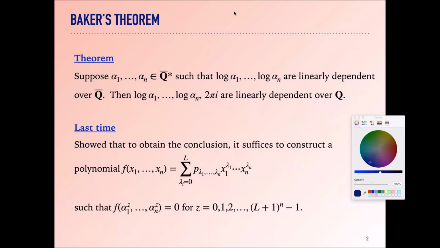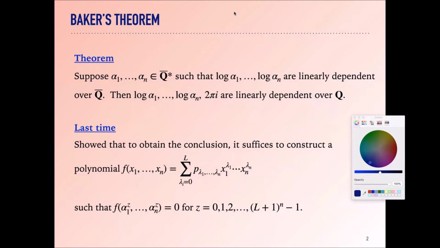It suffices to construct an auxiliary polynomial, which is the theme of this conference. So we want to construct a polynomial whose degree is at most L, and for me that means the exponent of each term x_i is at most L. And yet this polynomial has a bunch of roots of very special form.